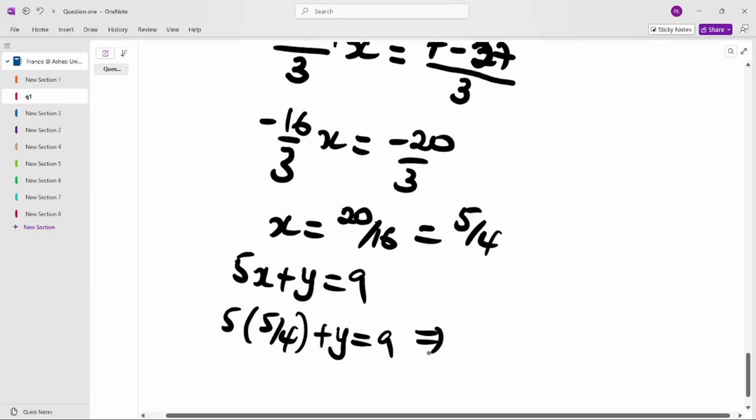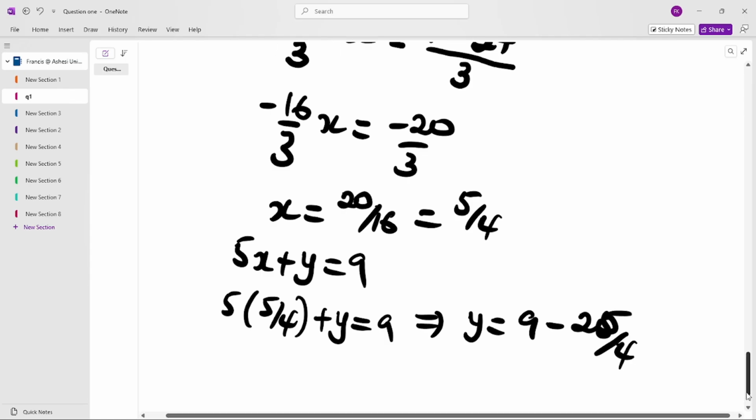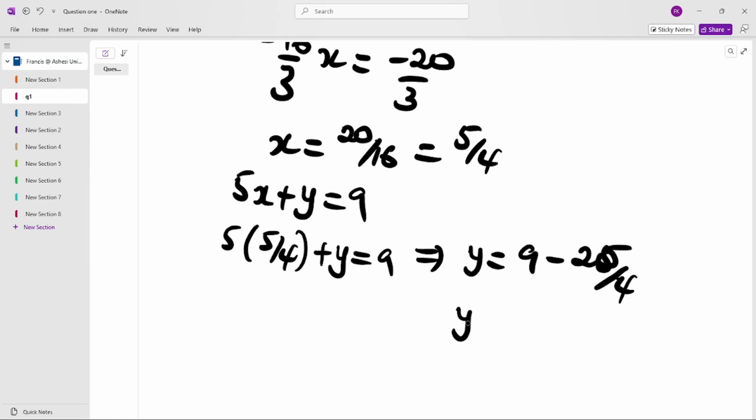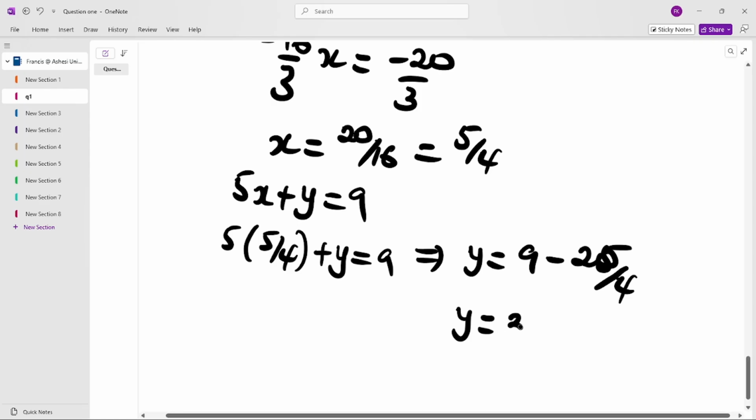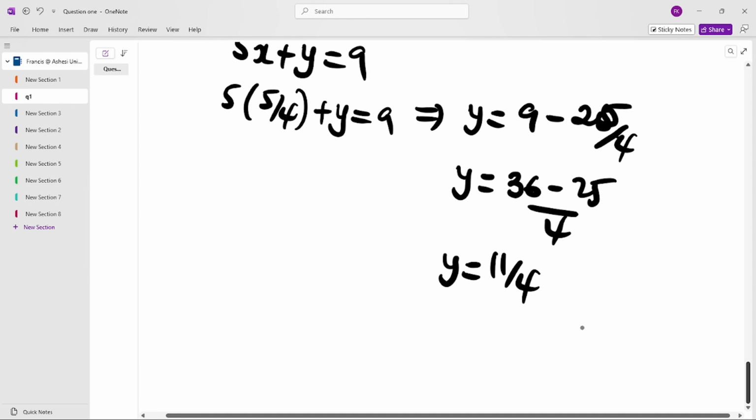So y equals 9 minus 25 over 4. For 9, that will be 36 minus 25 all over 4, and that's 11 over 4. Kennedy, that's correct. Well done.